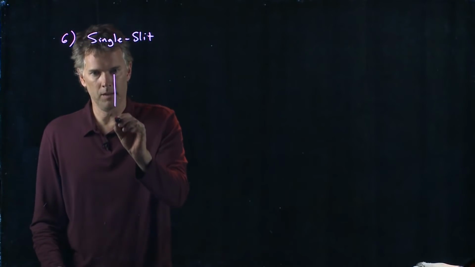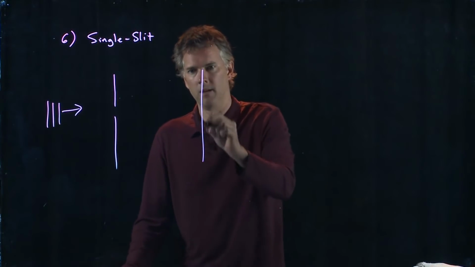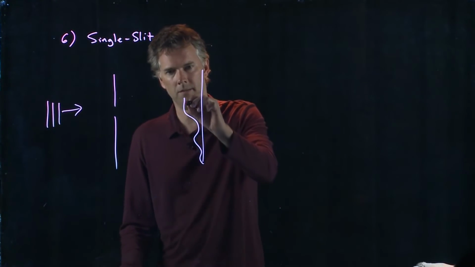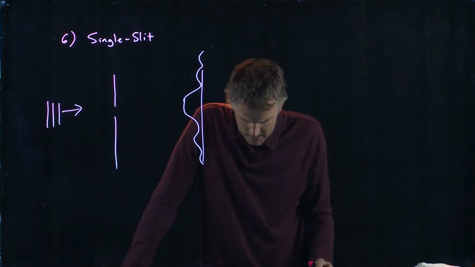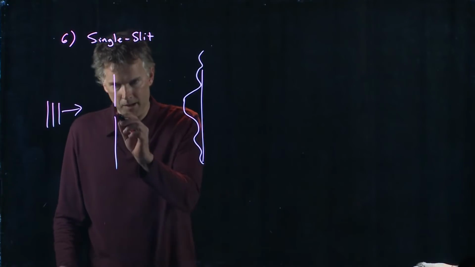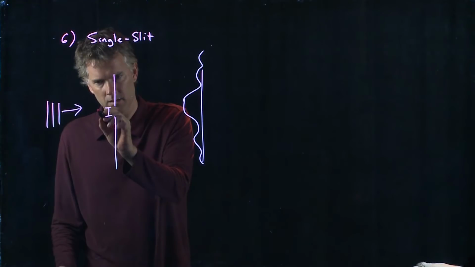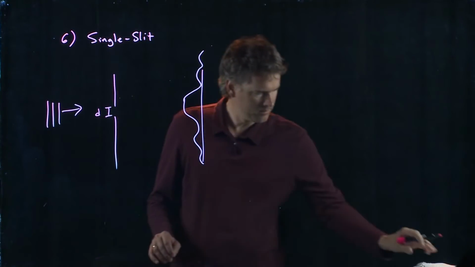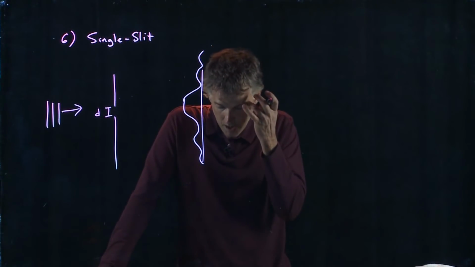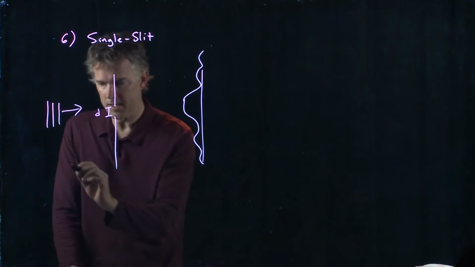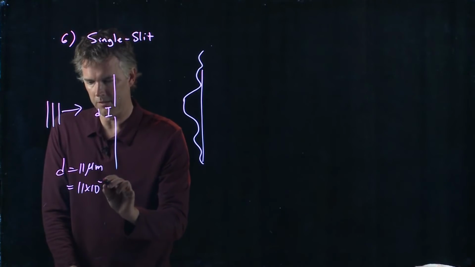And the idea is this: we have a single slit, some plane wave coming in, creates this diffraction pattern. And we know the slit width. I think we were calling it, what were we calling it, D? Okay. I think I called it W in lecture, but that's fine, we can use D. And then they tell us that D is 11 microns, which is 11 times 10 to the minus 6 meters.